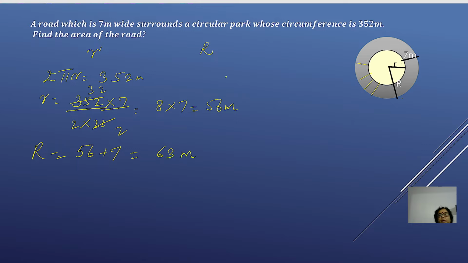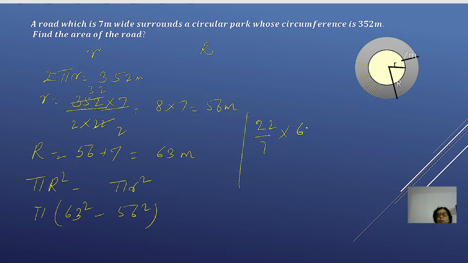Now we have to find the area of the road over here. So area of the road will be given by the total area minus the area of the park. So total area will be pi R square minus pi r square. So take out pi common again. So R square minus r square, that is 63 square minus 56 square. So this becomes equal to 22 by 7 into 63 plus 56 into 63 minus 56.